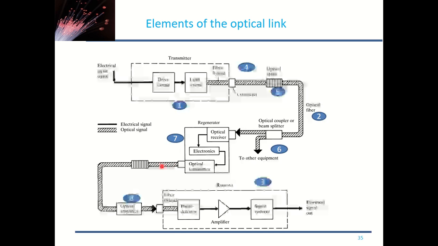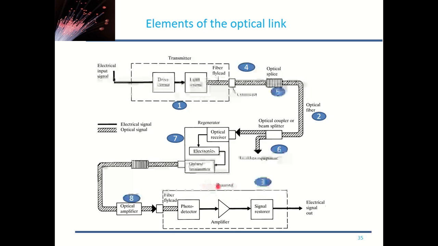Then again the light is coupled to fiber after this processing and then amplified by using the optical amplifier. Such an amplified optical signal is given to the photodetector. So this is a basic configuration of the optical system which consists of various link elements.